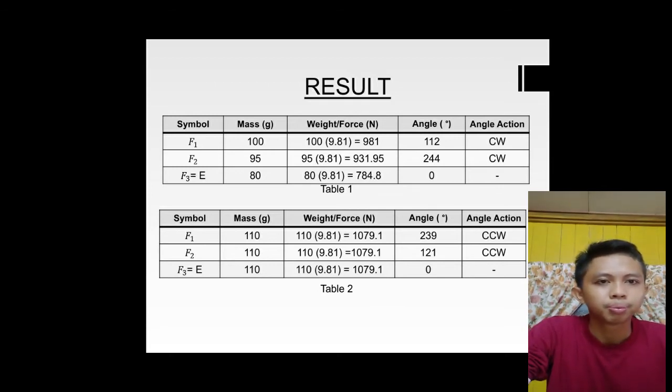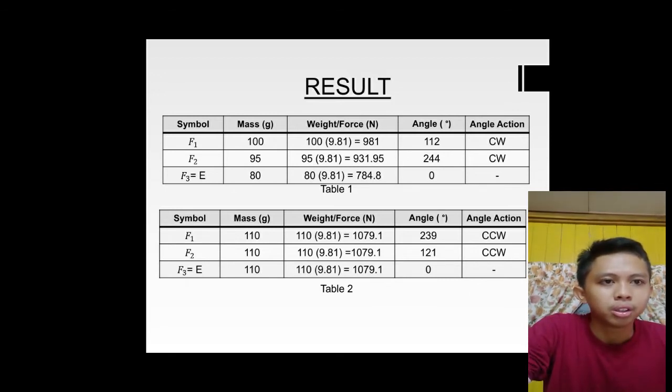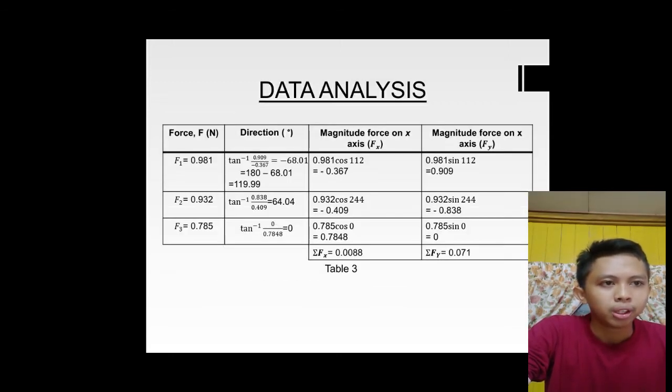Data analysis. Force 1: 0.981, direction tangent, force on the X axis Fx equals 0.981 cos 112, resultant negative 0.367; force on the Y axis Fy equals 0.981 sin 112, equals 0.909.